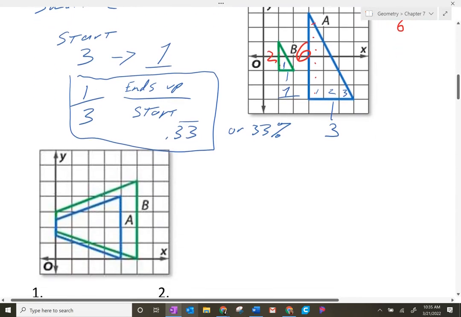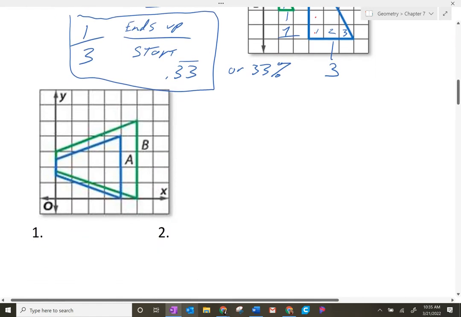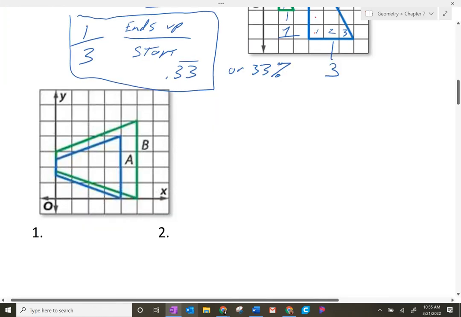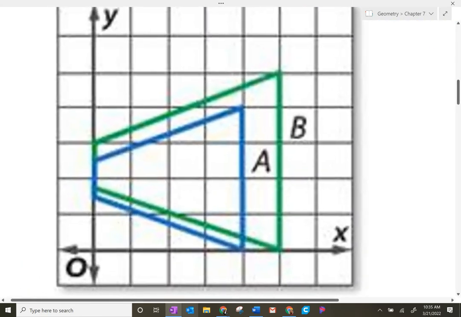Example number 2. I'll get a different color. I'm going to zoom in as best I can so you can really see this. Bless you.